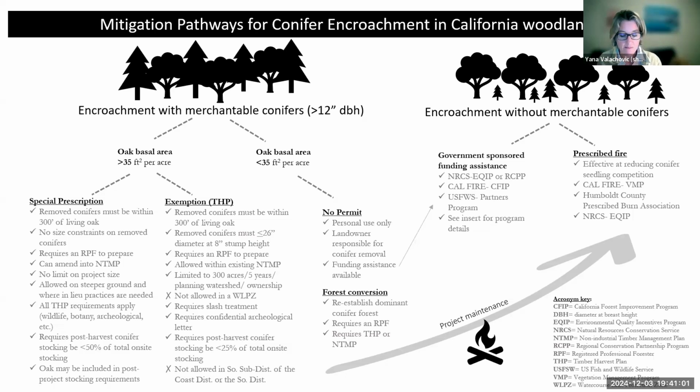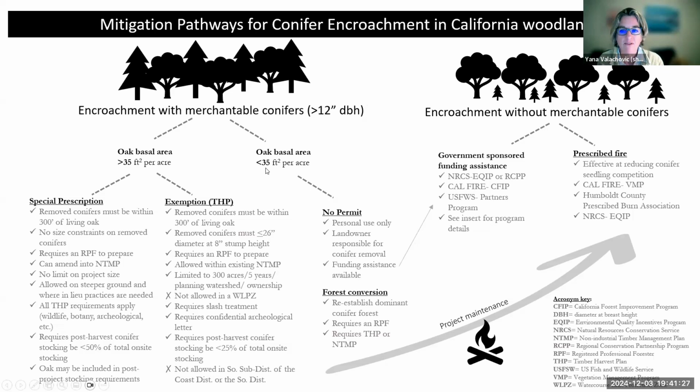That is the amount of tree area on an acre that is in trees. So it's pretty widely spaced, not quite a savanna, but a woodland. And if you have enough oak basal area, so it's really an oak site, you have two options. What I want to share with you is this decision tree framework.